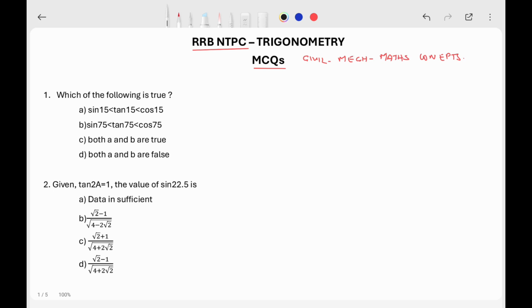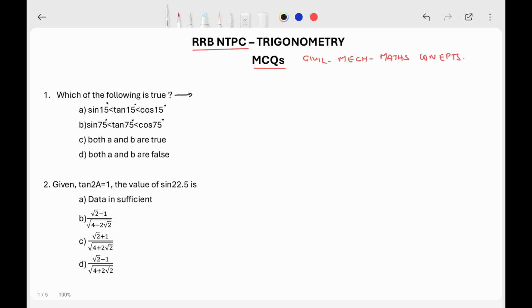And the first question deals with the angle 15 degrees. Just see which of the following is correct.